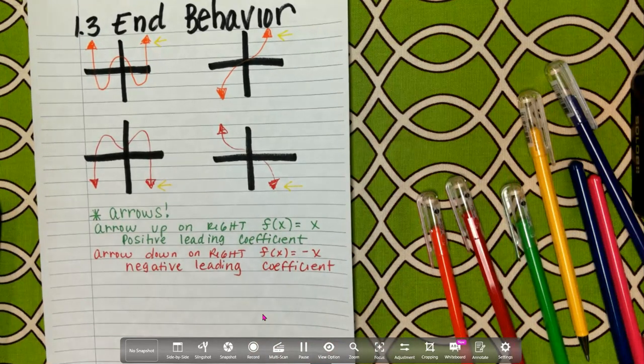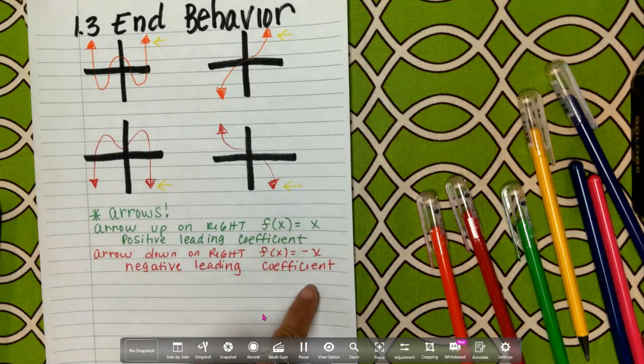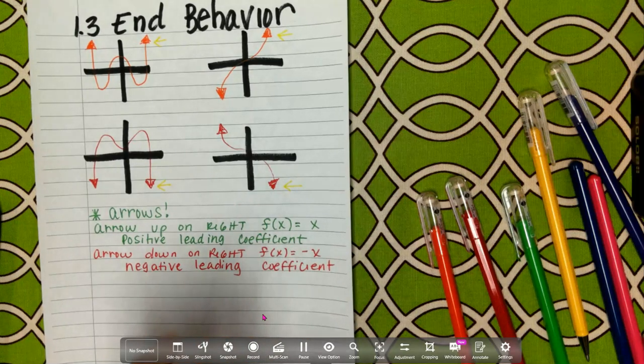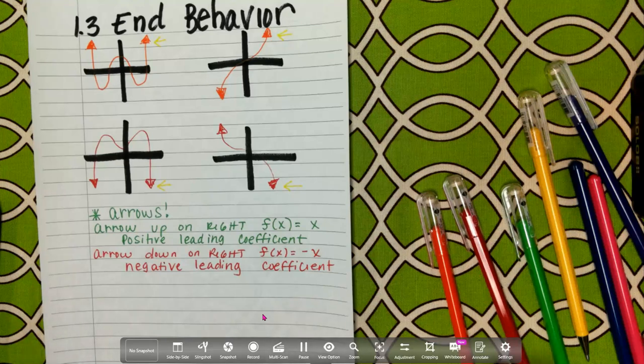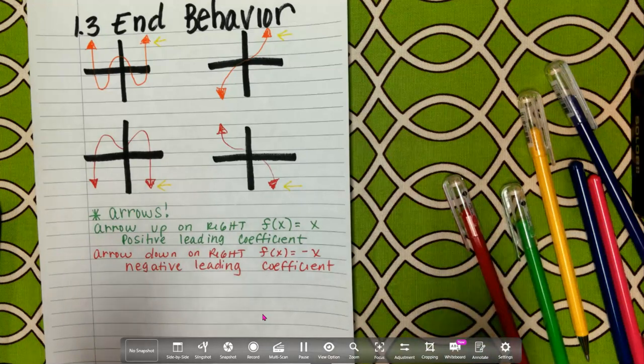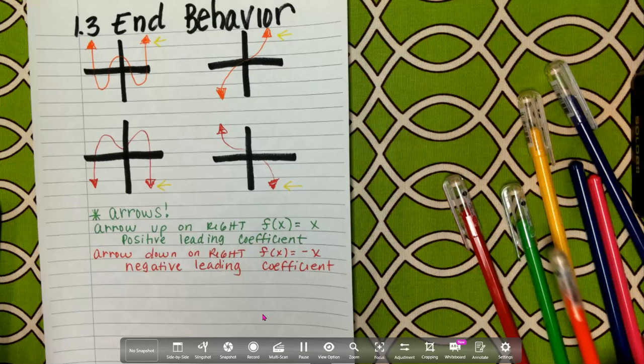One more thing before we start talking about end behavior. Not only can functions be positive or negative, they could also be even or odd. And I know we talked about that earlier when we were discussing symmetry. Now again, I know for sure that we are going to have an even based on the arrows. I know we're going to have an odd based on the arrows.